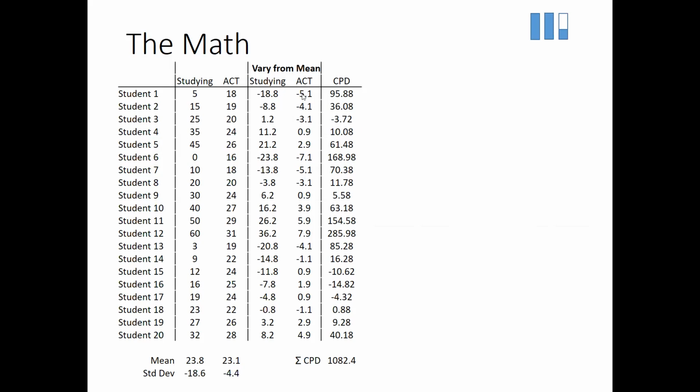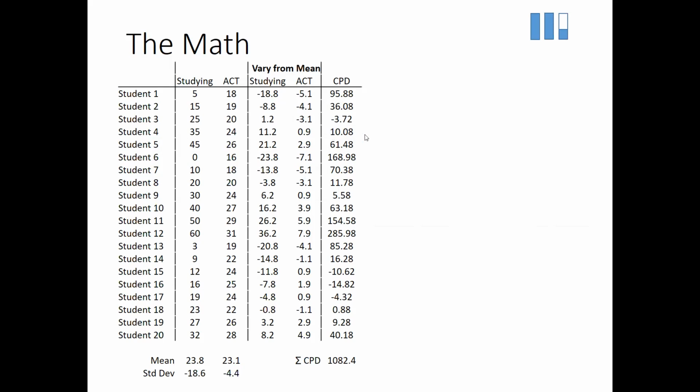What that means is we multiply 5.1 times 18.8. Okay? We multiply the deviation across each other. And because they're both negative, the product is a positive, right? Same thing next. Student 3 has only a negative ACT, so the product is a negative number, right?